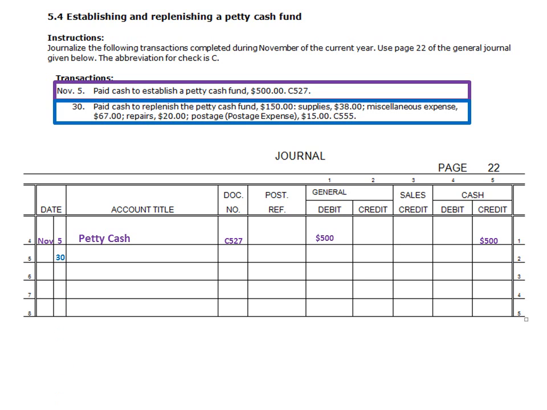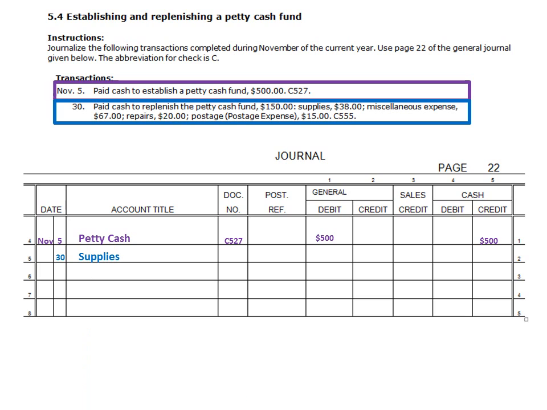So we want to put the date, November 30th. First thing you're going to do when you're replenishing a petty cash fund is list all the expenses. Remember, we want that objective evidence, because if you go back looking for more money to replenish the petty cash fund, that accountant and that banker is going to ask, well, what did you use the money for? Well, this is what you need to show you used it for.